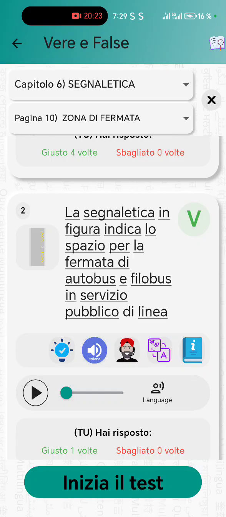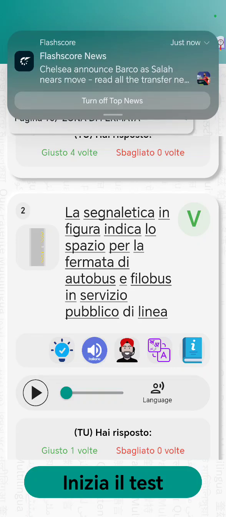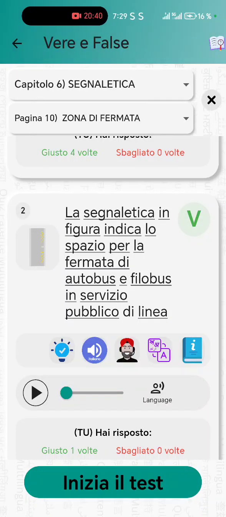I know what filobus is: those buses that use electric wire overhead, and in Italy you see all those kinds of filobus. So you say it is a space they use in public service.